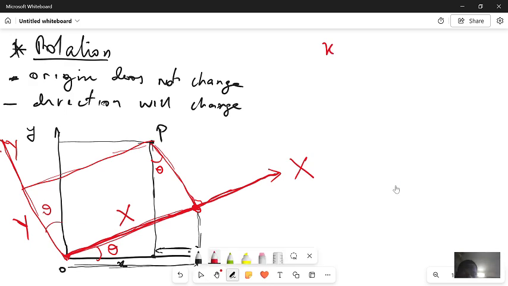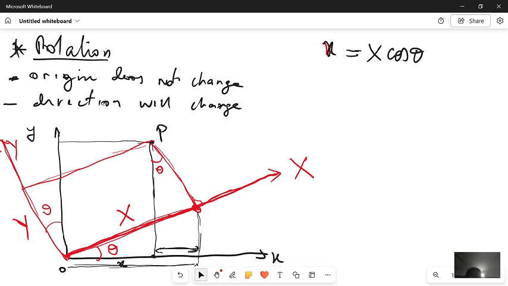The value of small x is going to be equal to the total, which equals capital X cos theta, because of the right-angled triangle. Capital X cos theta, because I need this small x.